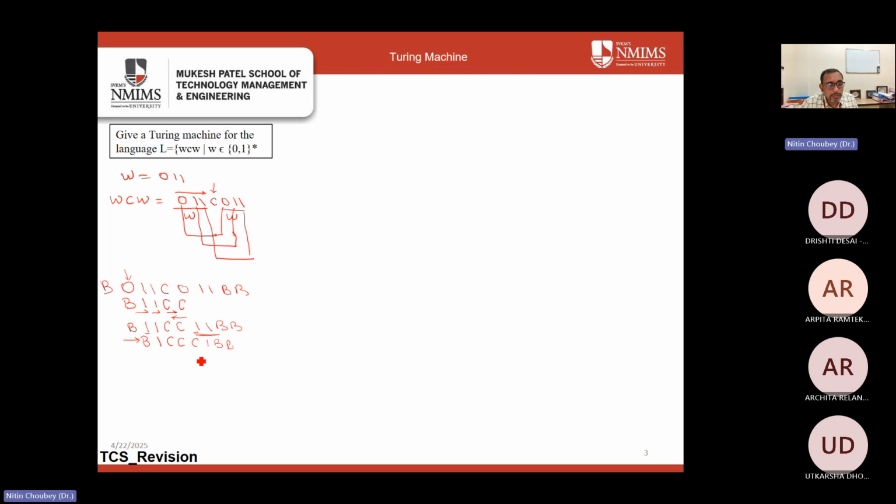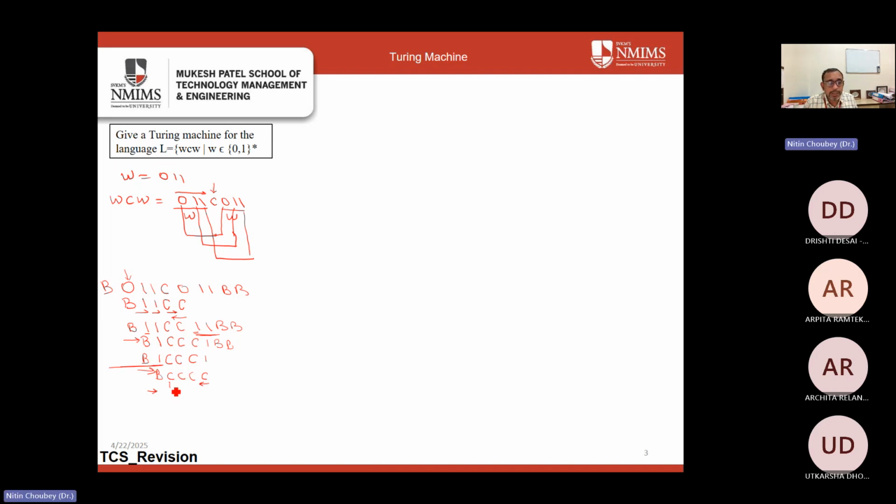Okay. So what we have is this available after this. Again, back, 1 replace with blank. C skip. Since this is also 1, we'll replace it with C. Move to left. Now when we are coming back to this B, here we found that we are not getting any symbol belonging to the first input, because the first input is already replaced with blanks.